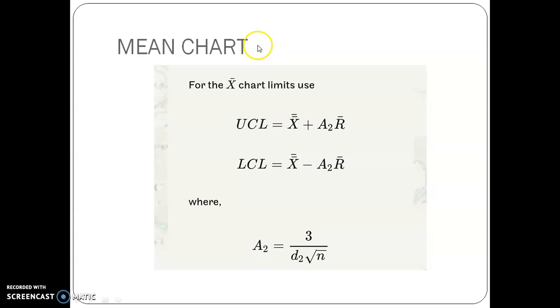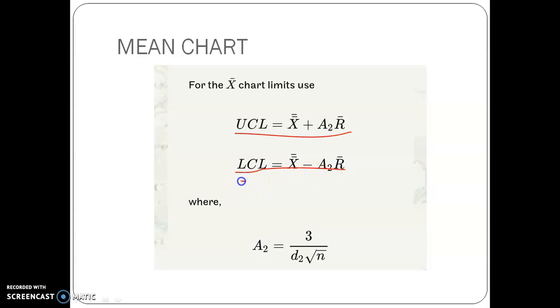If you see my previous video on control charts for variables, we discussed the X bar chart, which is known as mean chart, and the range chart or R chart. In that video we used this formula for the upper control limit of the X chart, and the lower limit for the X chart was calculated by this formula.